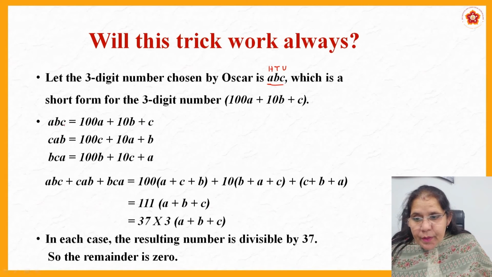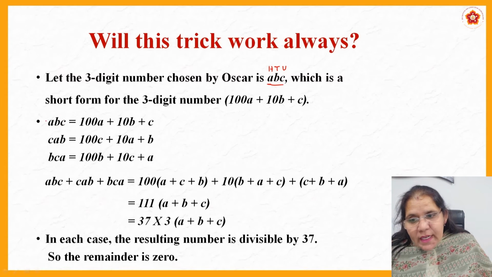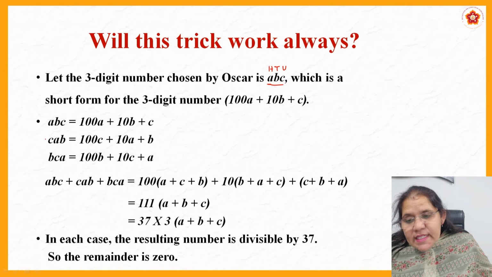As I said, original was A, B, C. Now bring C ahead in the beginning. So it becomes CAB. Now after getting CAB, just bring B towards the left hand side. So it will become BCA.